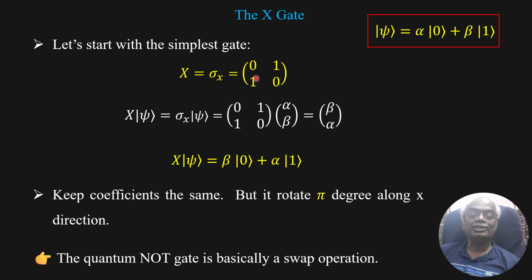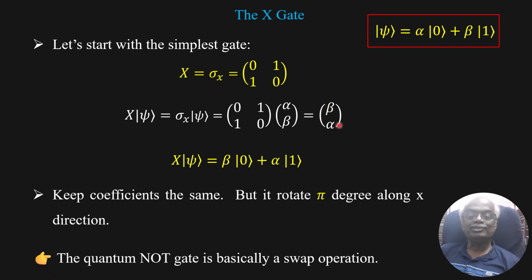So sigma X is [0, 1; 1, 0], and ket psi we can write in terms of the alpha beta coefficients as the column matrix alpha beta. If you multiply both, first row: 0 into alpha is 0, 1 into beta becomes beta. Similarly, second row: 1 into alpha, 0 into beta, gives alpha.